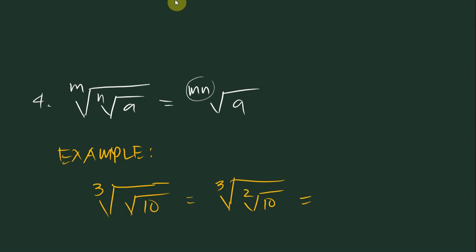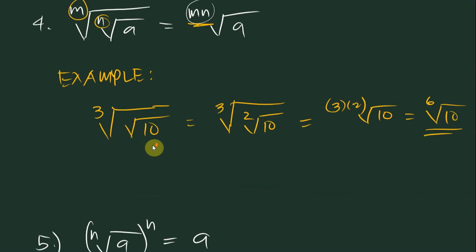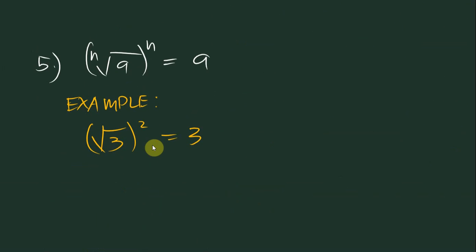So from the property, we can say that this is the 3 times 2 root of 10, which is also equal to the sixth root of 10. So take note here that we simply multiplied these two indices.